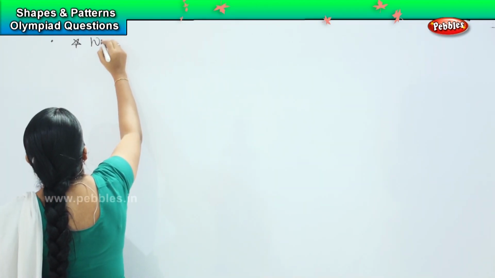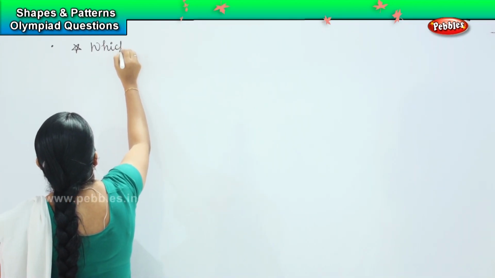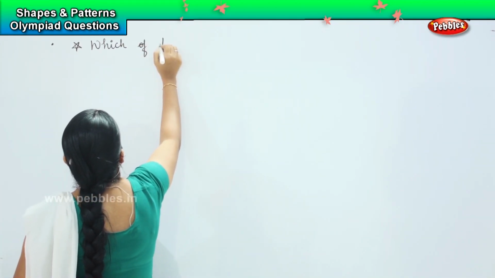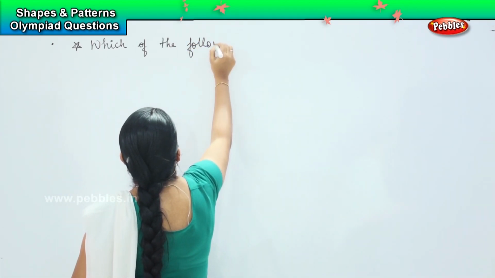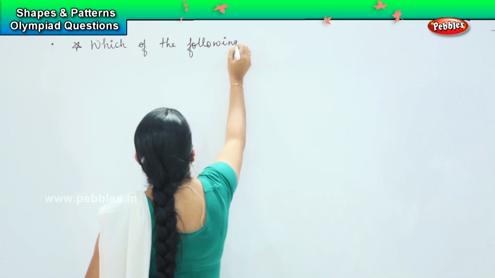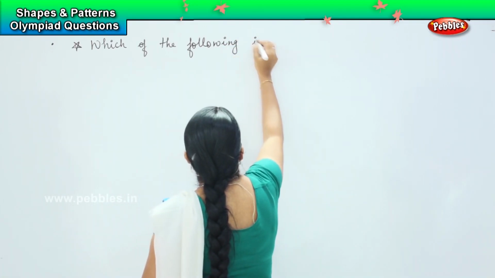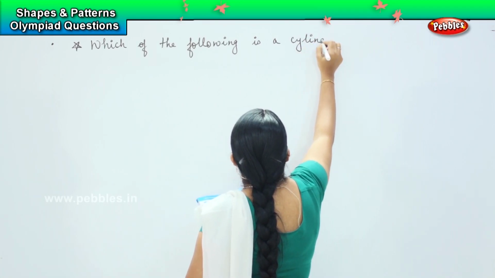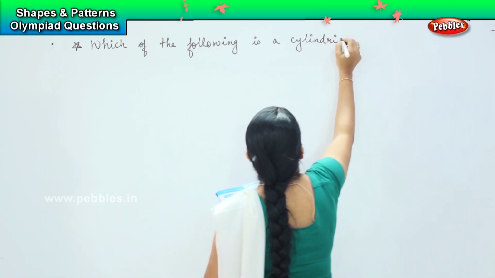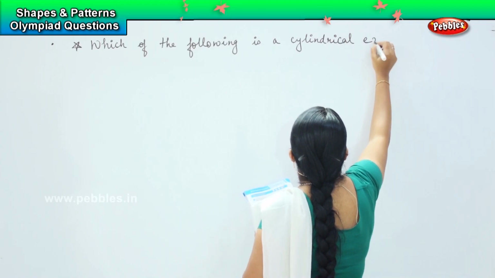Which of the following is an example of a cylinder? Okay.